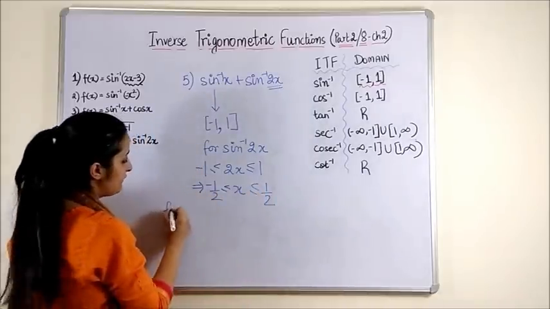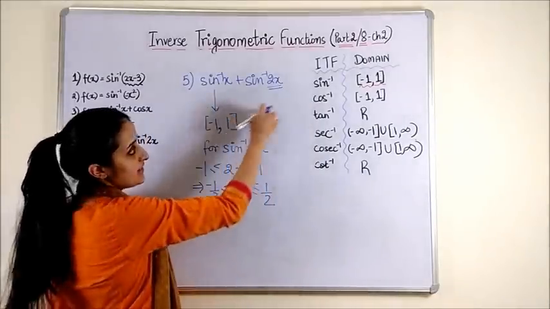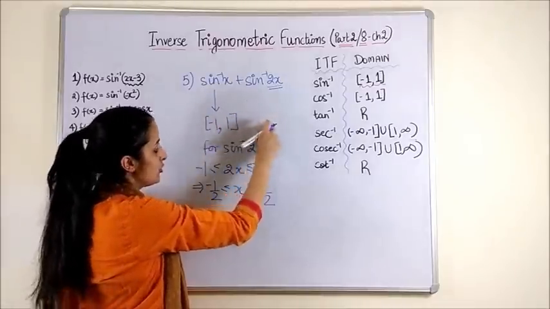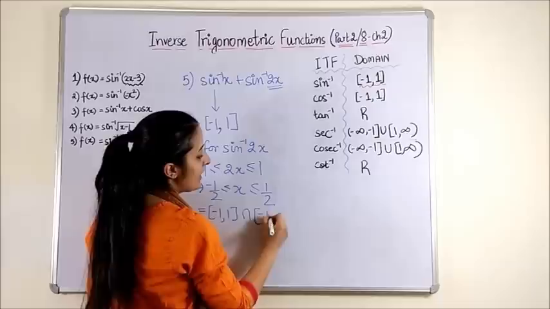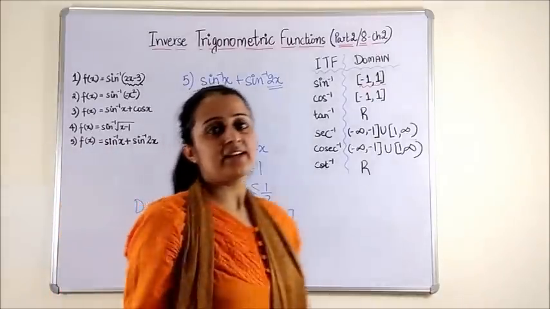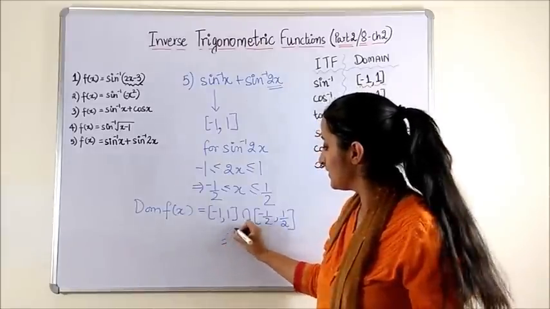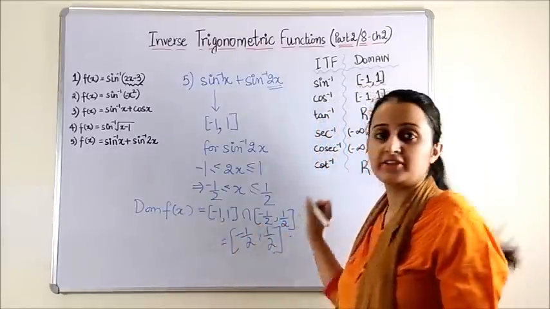So once again, the domain of f(x) has to be the intersection of these two domains. That means -1, 1 intersection -half, half. The answer is once again in front of you. It is -half, half, the closed interval.